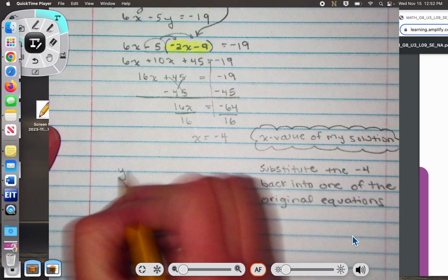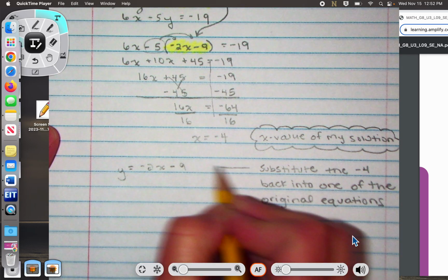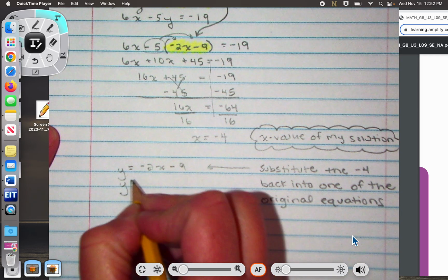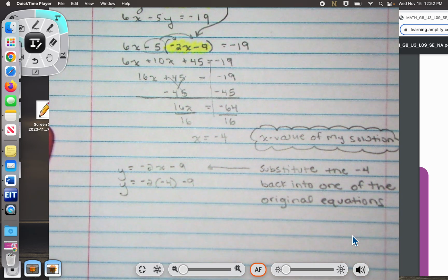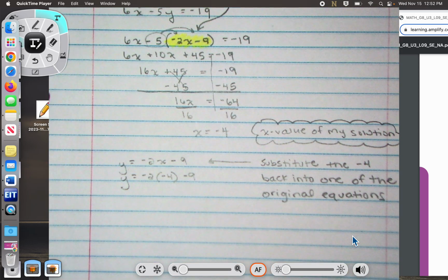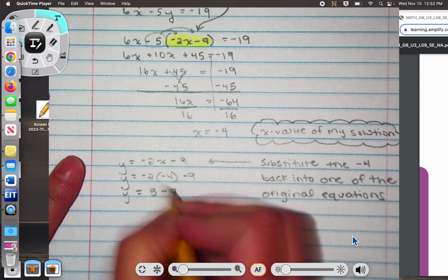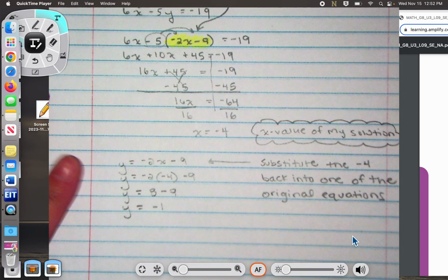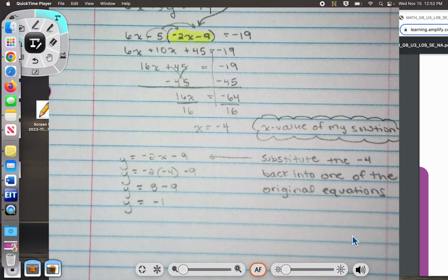So I'm going to have y equals negative 2x minus 9. y equals negative 2 times negative 4 minus 9. And I find out that y equals negative 1.